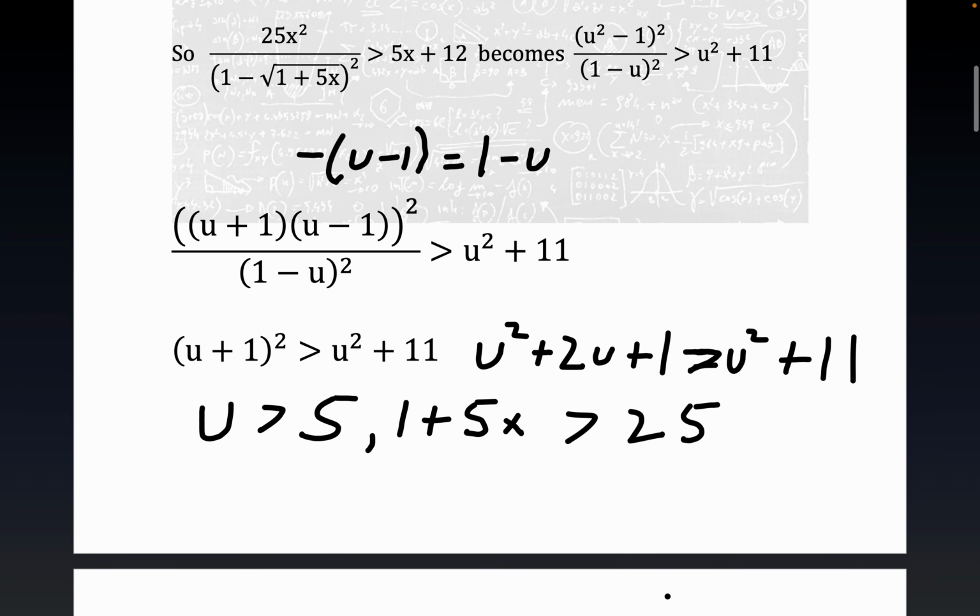Now, where does that lead us? If you subtract 1 from both sides, which gives you 24, and divide by 5, you get x is greater than 24 over 5.